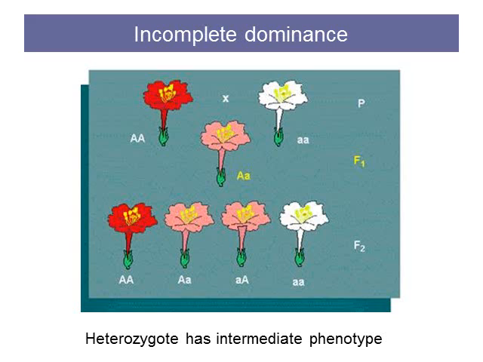So a red and a white, you get a pink, and then you would have 1/4 red, 50% pink, and 1/4 white. Now, this is, again, not true for things with complete dominance, because if it was complete dominance, all three of these would be red.